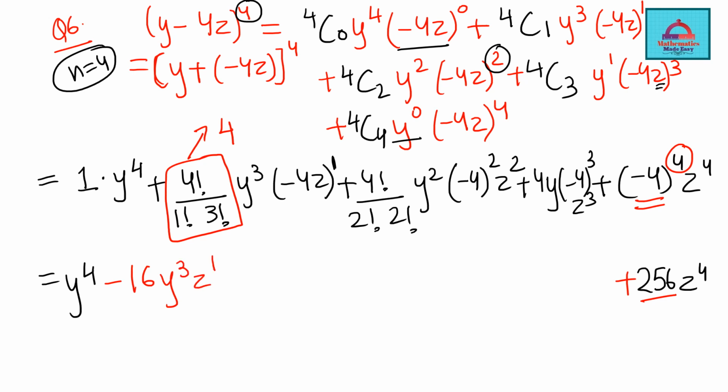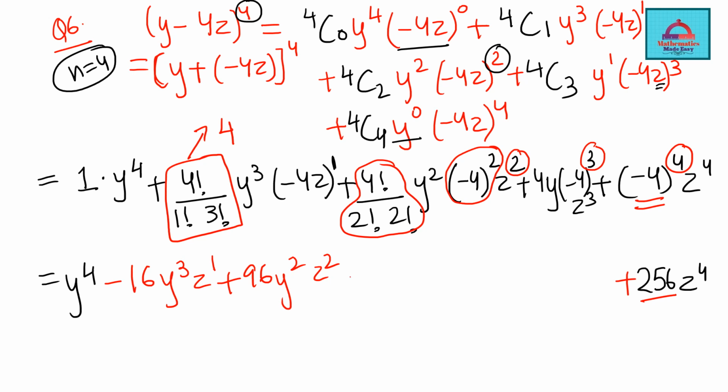Okay, open the factorial, simplify, and this term will come out to be, on multiplication, this multiplied with 16 will give you 96 with a plus sign, because this has an even power. Okay, and y squared. Similarly, you simplify this. Now for this term, there is a negative sign and the power is odd, so the result is going to be negative. 4 will be multiplied 4 times, so it is going to give you 256 y z cubed.